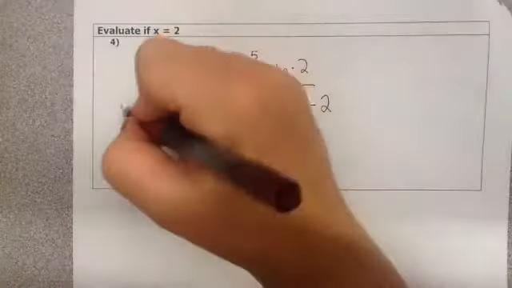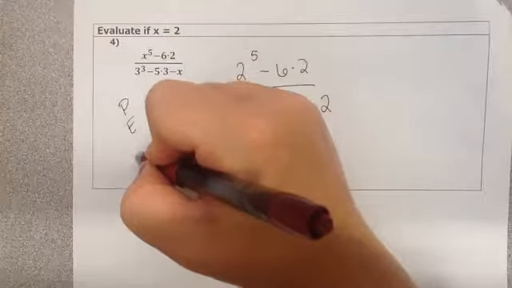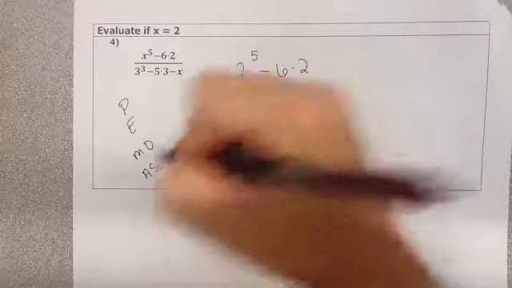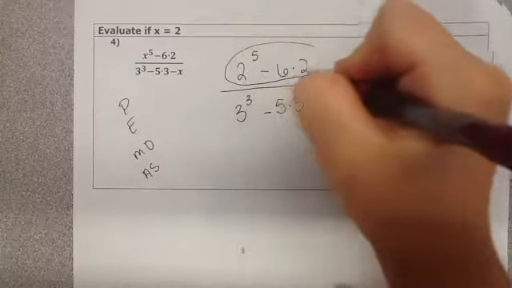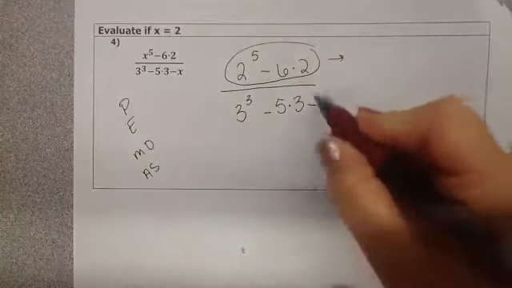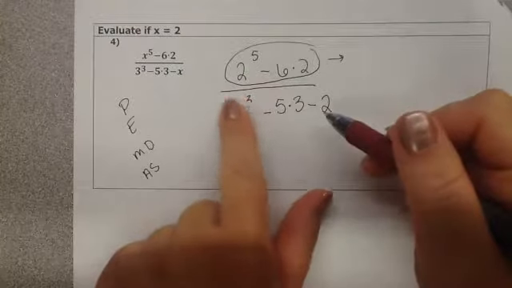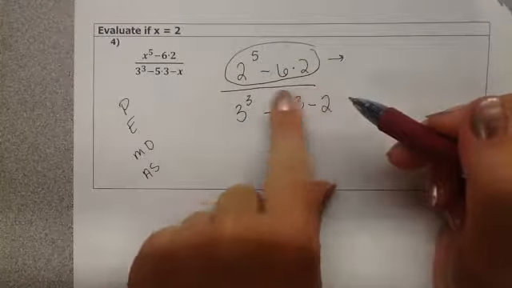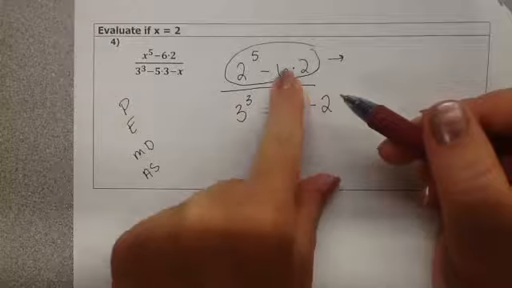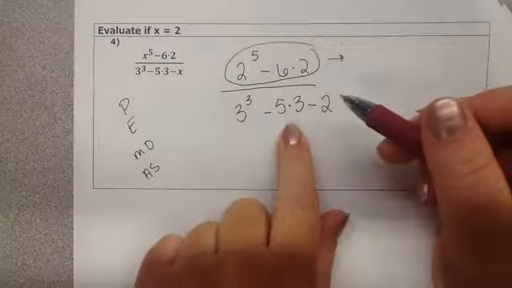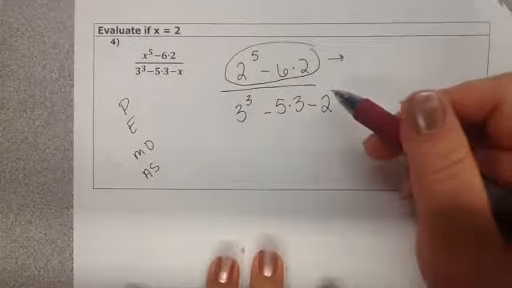Let's use our order of operations to solve the top. You're going to solve the top and you're going to solve the bottom, and then you will use this divide bar. So this big fraction bar acts as division, and really that means figure out what's on top, figure out what's on bottom, and then divide last.